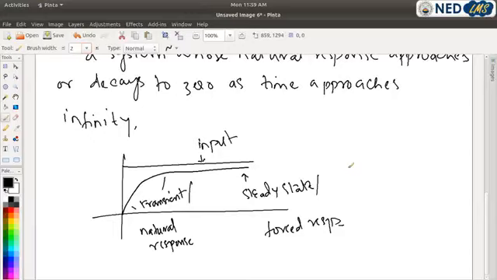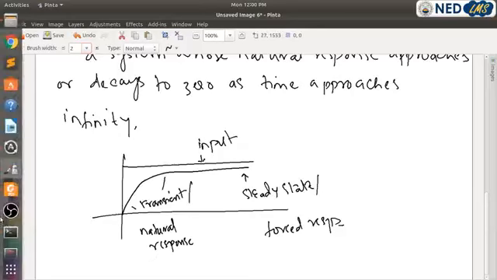So when evaluating the stability of the system, we are concerned about the natural or transient response only, since the stability is dependent only on the nature of the system. Now, that was all about the topic.